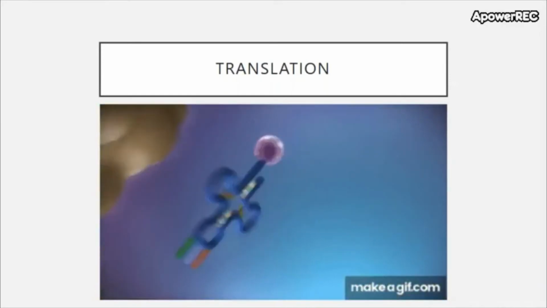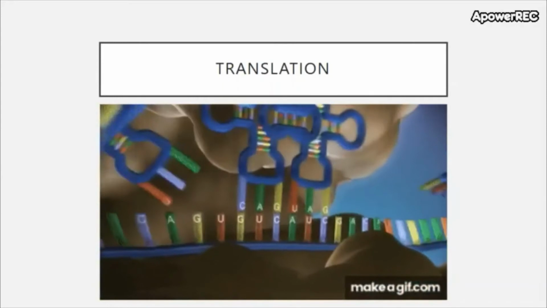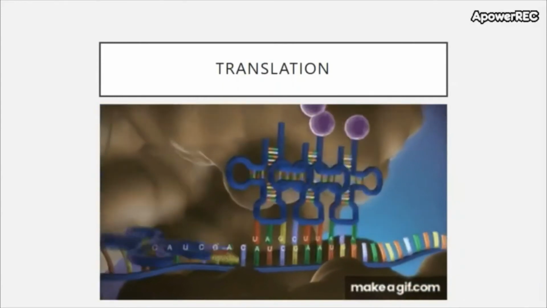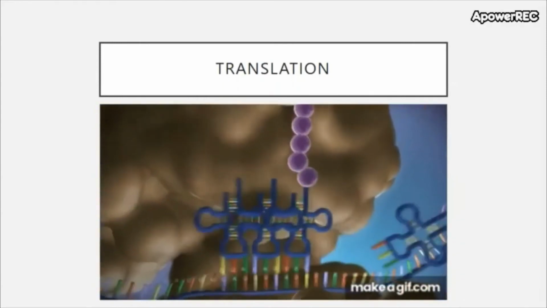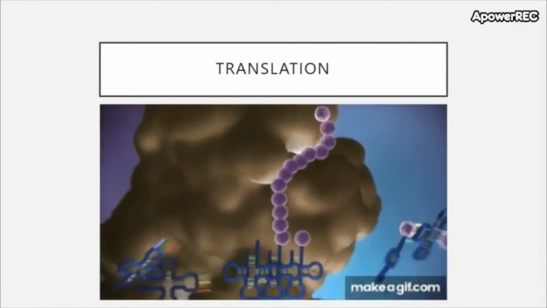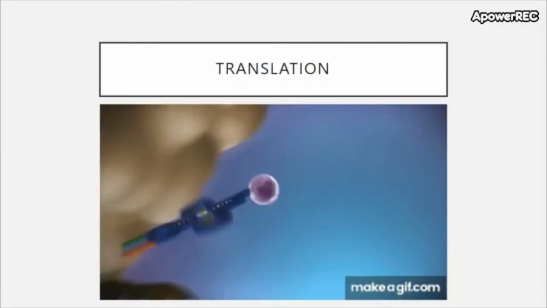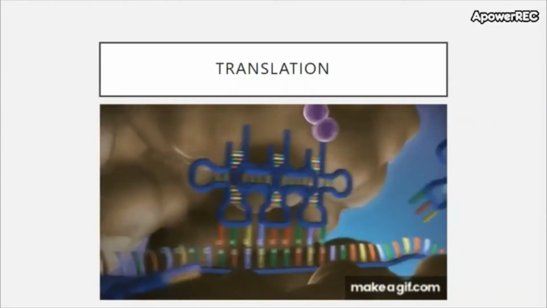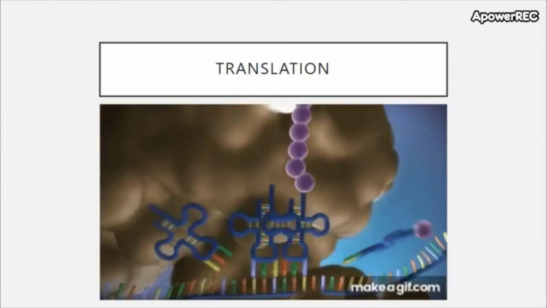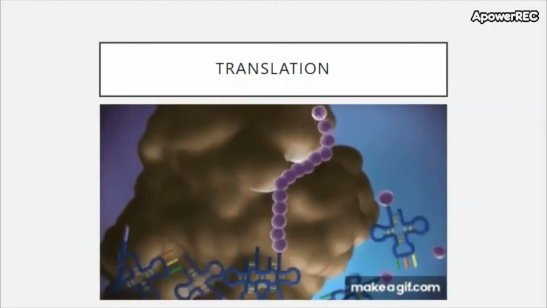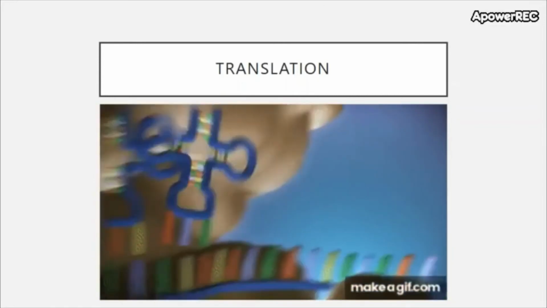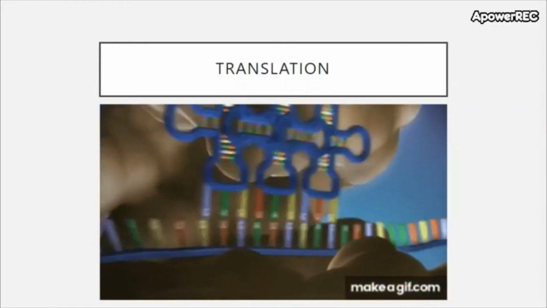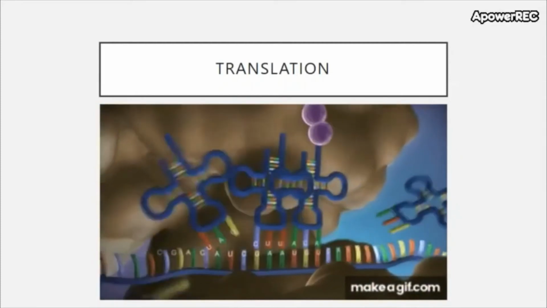And that purple sphere on the top of them is the site where the amino acid is attached. Those amino acids are represented here as those purple spheres. And if the right anticodon finds the right codon, then the tRNA will stay in the ribosome pocket and transfer its amino acid to the growing chain.